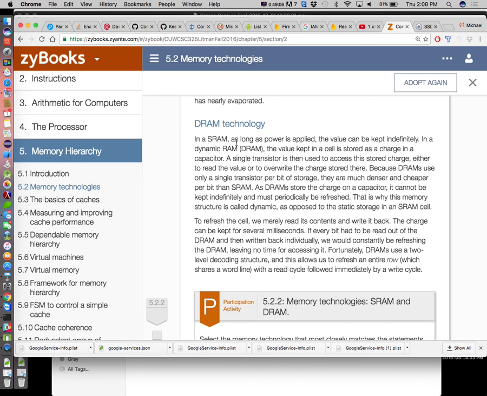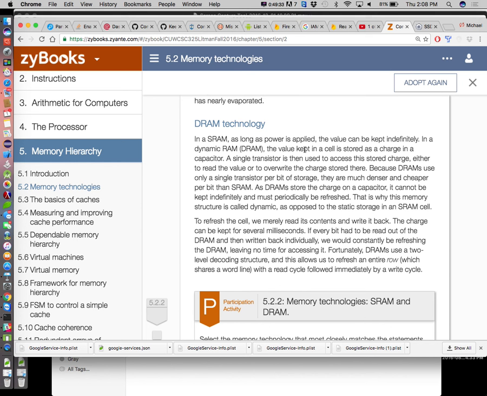In SRAM, as long as power is applied, the value can be kept indefinitely, like we've already said, right? As long as we've got electricity there, we can maintain that. In a dynamic RAM, DRAM, the value kept in a cell is stored as a charge in a capacitor. A capacitor is almost like a mini battery. It's a little circuit thing, and you put power into it, and it fills up like a water tower.